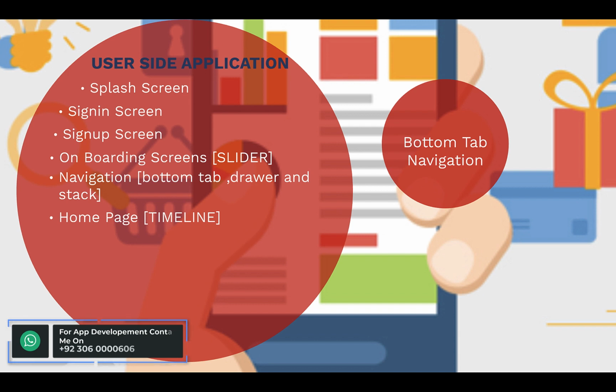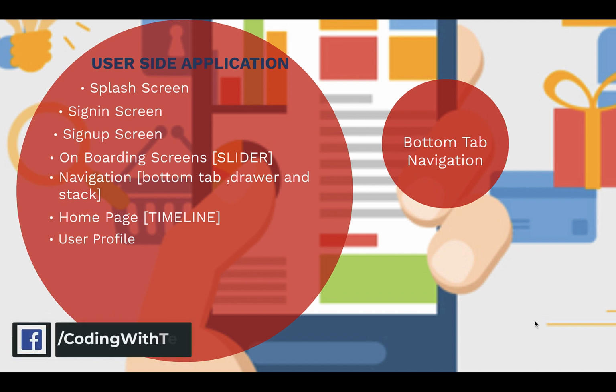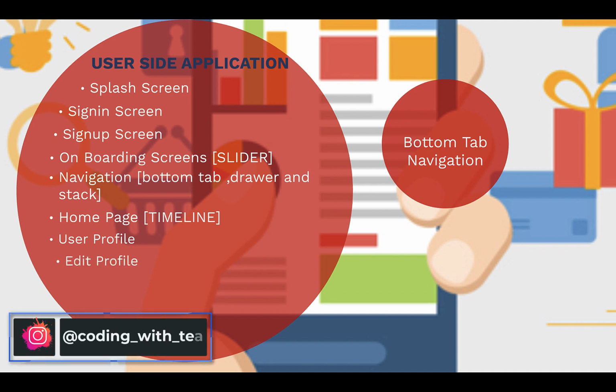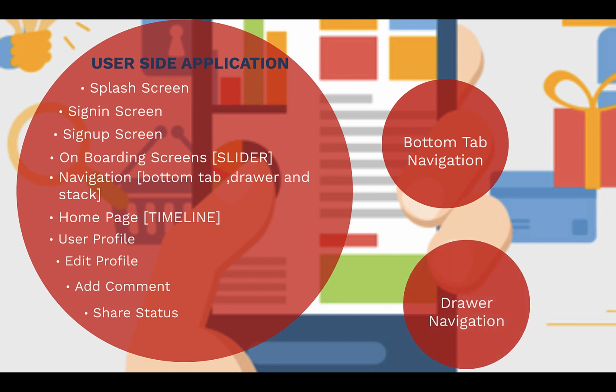After that, we'll be creating the homepage or timeline, and the user profile, which will contain all the information related to the user. After that, edit profile, where the user can edit their profile. After that, the comment screen and the share screen or share status.